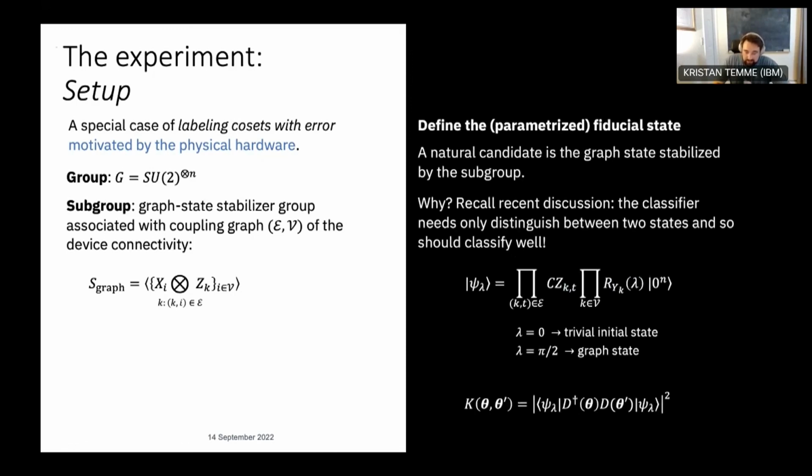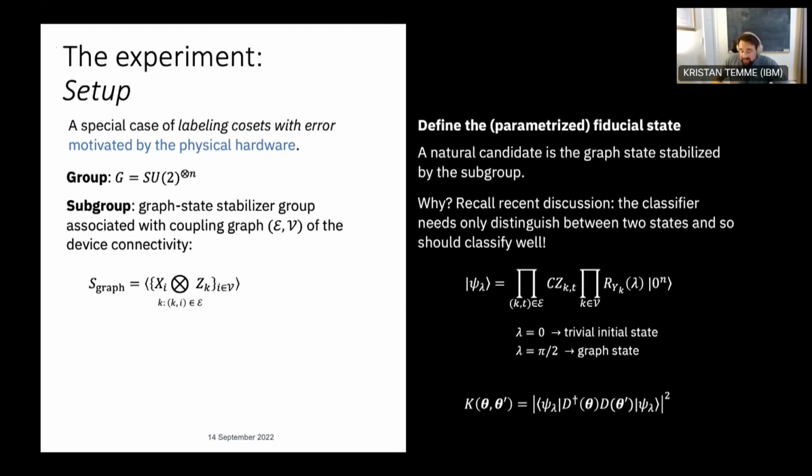So the fiducial state that we then choose is going to be a state that first prepares a bunch of single qubit rotations, variational parameters, and then has some CZ interactions along the coupling graph of the chip. And when we choose that fiducial state, we know that in principle there is a choice in the parameter landscape that represents that really good fiducial state, which we believe should lead to very high classification accuracy.